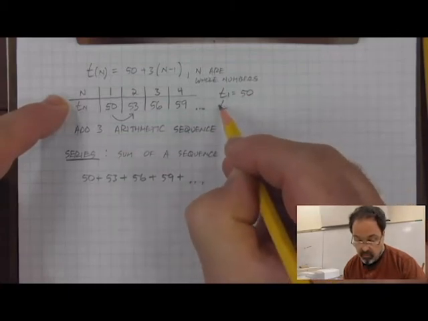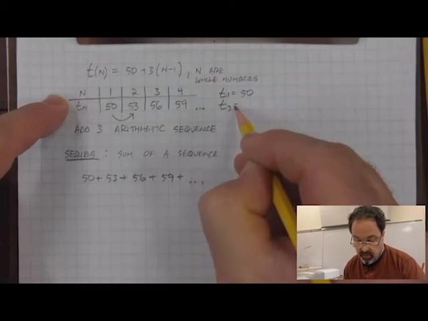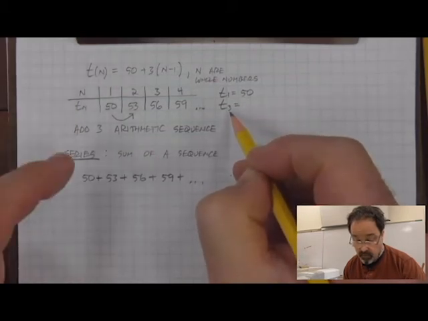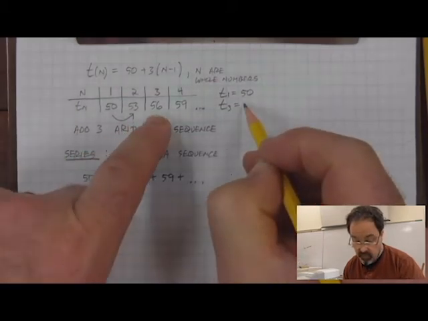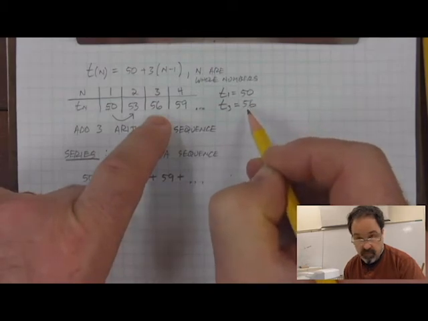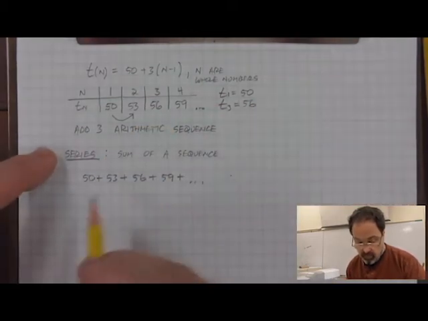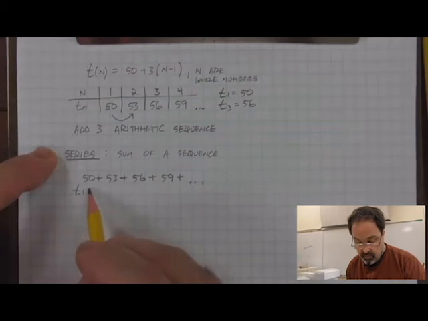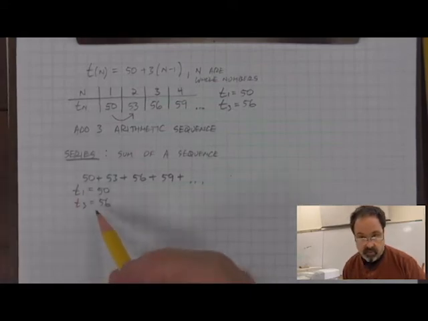We could use the notation t sub 3, which would be the value of the term in the third position. It's in our table, it's 56. The series also has term values. Individual terms can be listed and notated the same way.